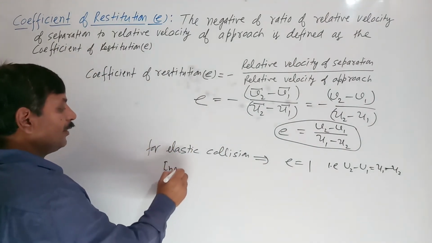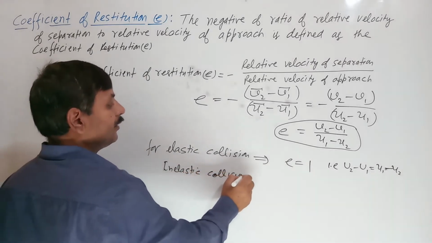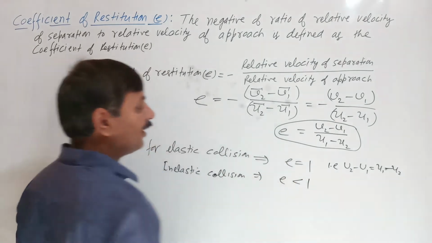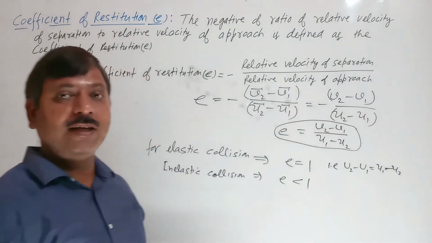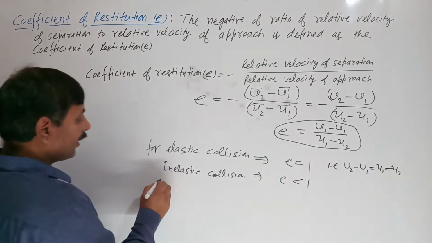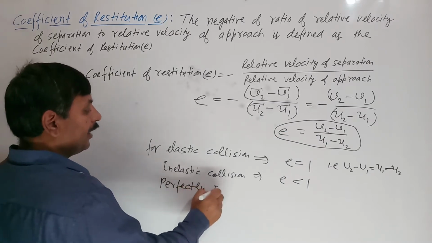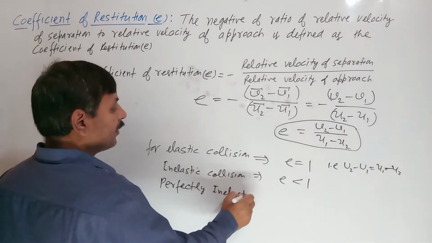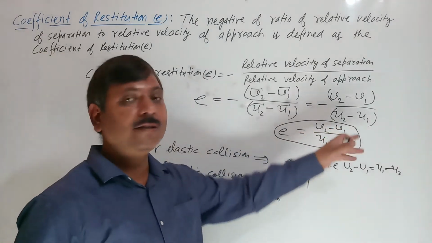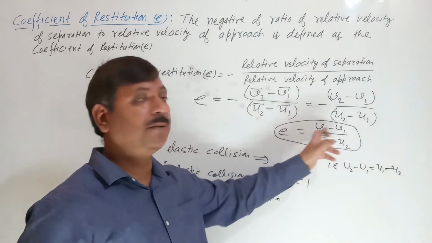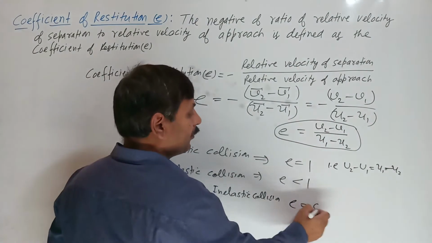For inelastic collision, what happens? For inelastic collision it is less than 1, because the ratio of v2 minus v1 comes out less than 1. See here, for perfectly inelastic collision, all particles have the same speed, so v2 is equal to v1. So v2 minus v1 is equal to 0.